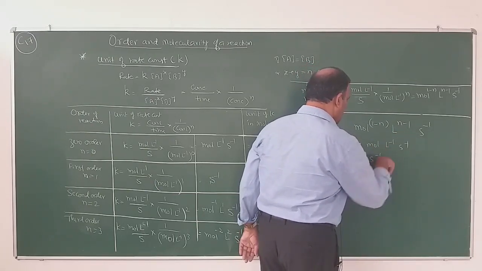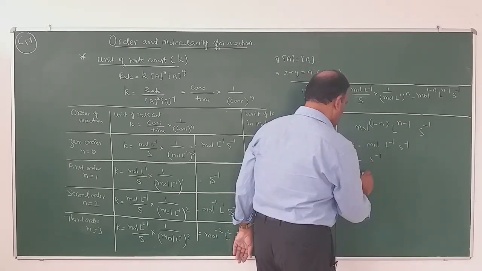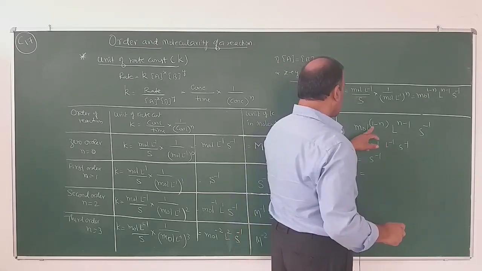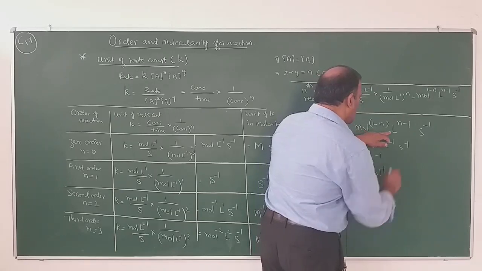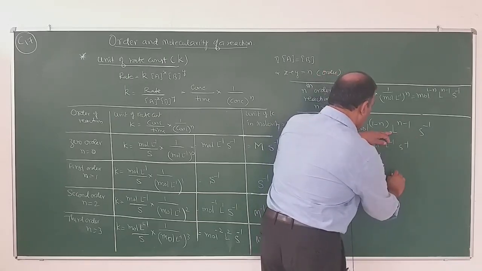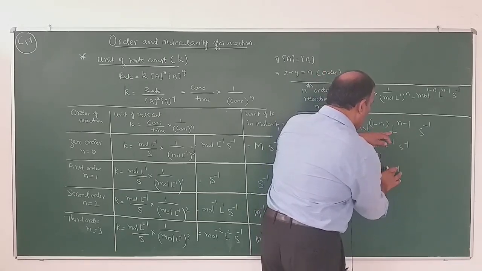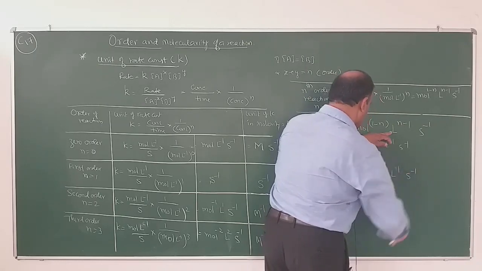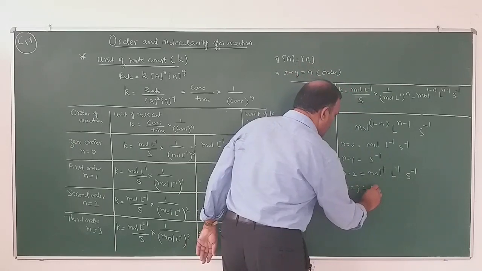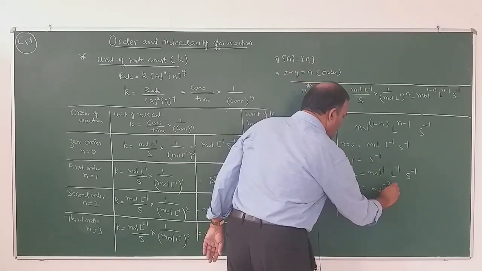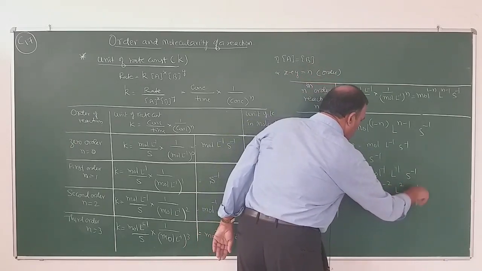So you will get second minus 1. Similarly n equals 2: mole minus 1 liter to the power of 1 second minus 1 is for second order reaction. Similarly n equals 3: mole minus 2 liter 2 second minus 1.